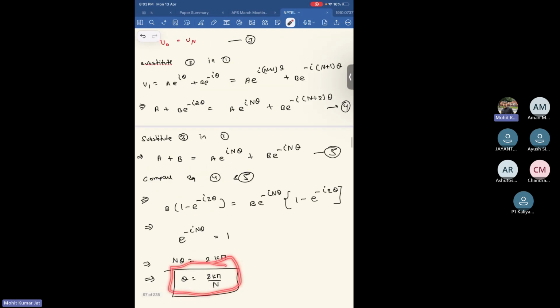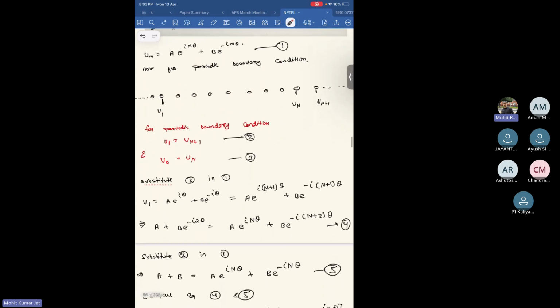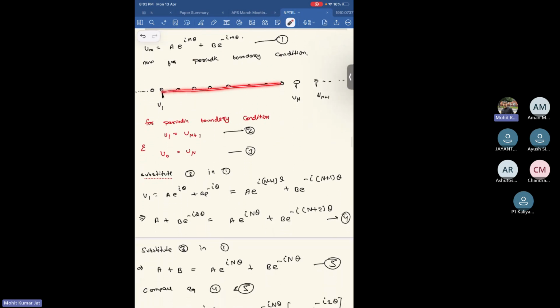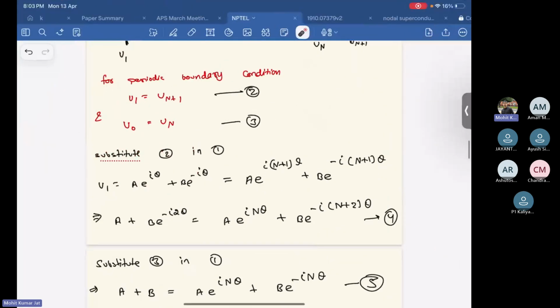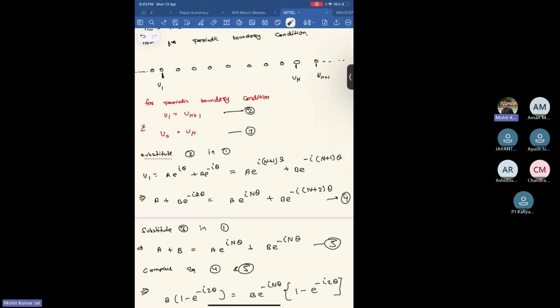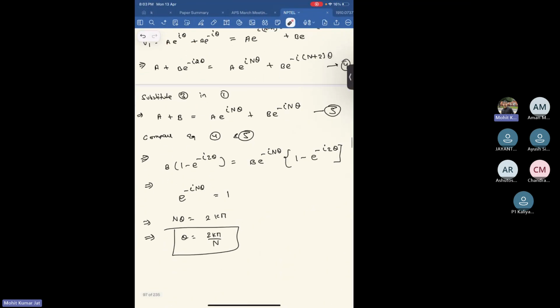This is about the periodic boundary condition, which says that till this point you had the state, and after this, the same pattern repeats. If it repeats, then un will be equal to u0 and u1 will be equal to u(n plus 1), and that's what these two equations mean. That's the physical meaning. After that, it's just the mathematics part, which you can calculate easily.